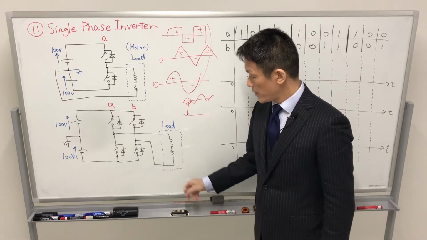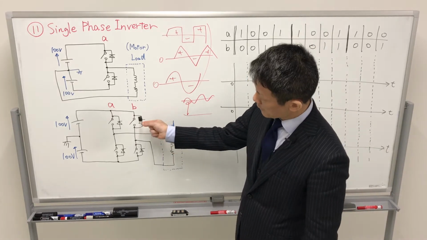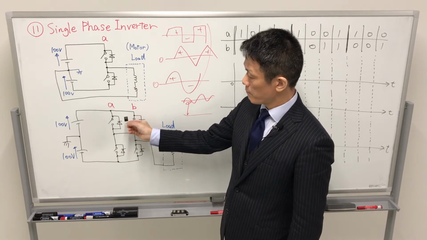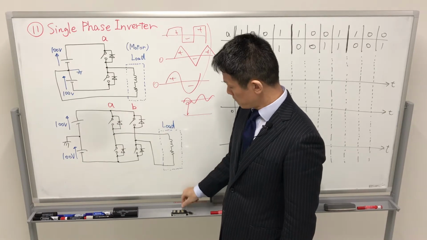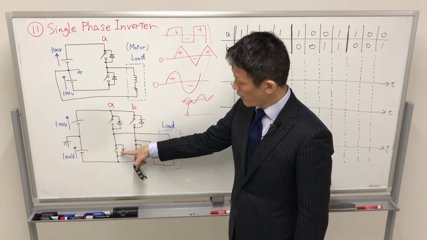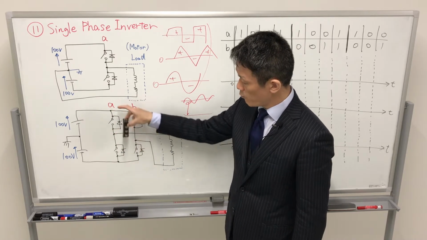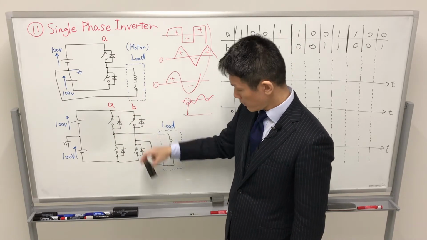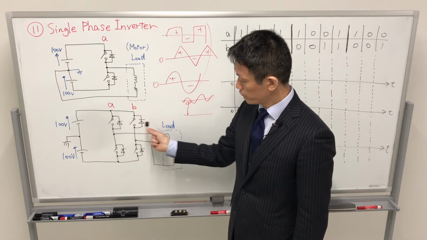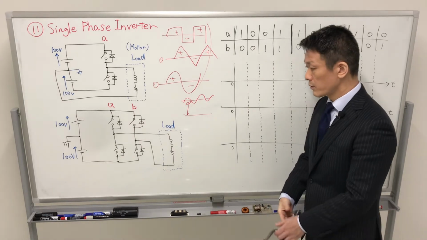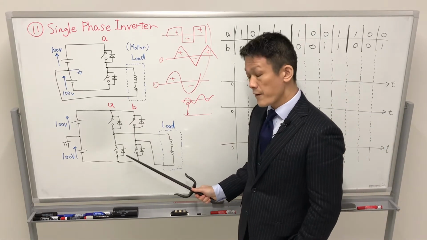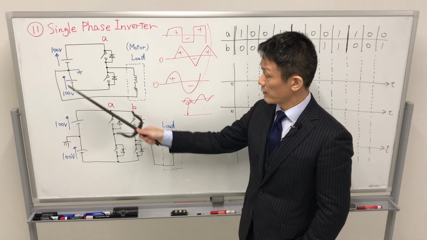Usually each power semiconductor means a power semiconductor module or 2-in-1 module. 2-in-1 module means this power line. So this means higher cost as compared with the upper one.